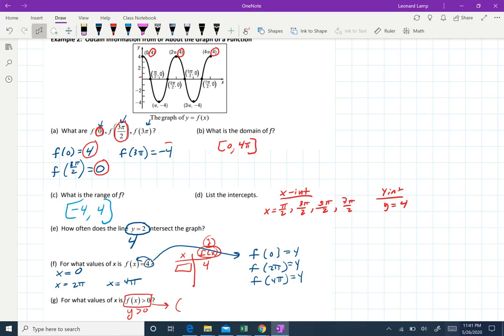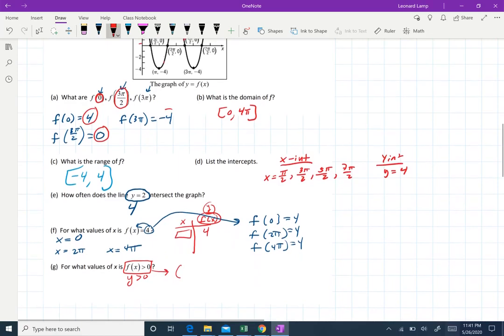So for what values of x is f of x greater than 0? So meaning when is y greater than 0? So that's just asking you, when is the graph above the x-axis? Because all of these points, right, I'm writing in red here, all of these points have y values greater than 0 because anything below the x-axis has negative y values, right?